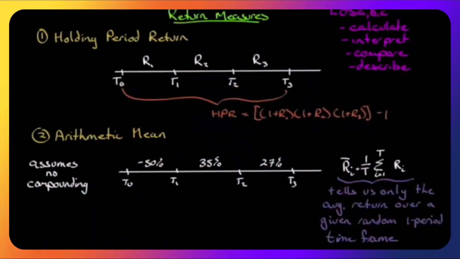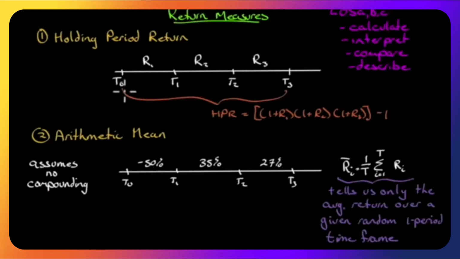So if our holding period spans multiple periods, here's a nice little timeline. We'll use this quite often. Here is today, here's a year from now, 2 years from now, 3 years from now. Let's say we buy an asset today and we hold it for 3 years. And over those 3 years, in year 1 it has a particular return, in year 2 it has another return, in year 3 another. To calculate a holding period return is actually very simple.